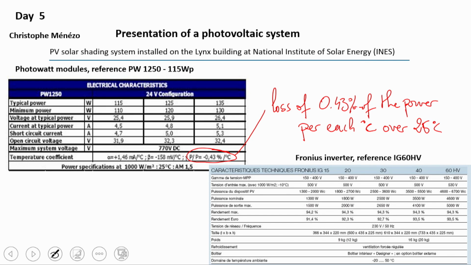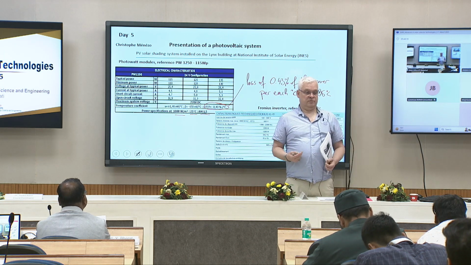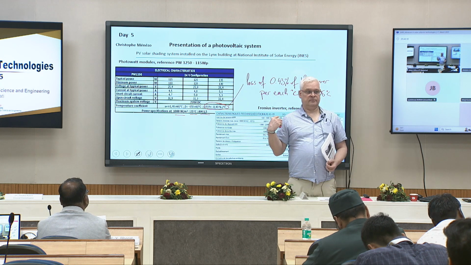It is established here for 1000 watts per square meter, 25 degrees, air mass 1.5. So this coefficient means that if you are at 26 degrees, you will lose 0.43% of your expected power, okay?